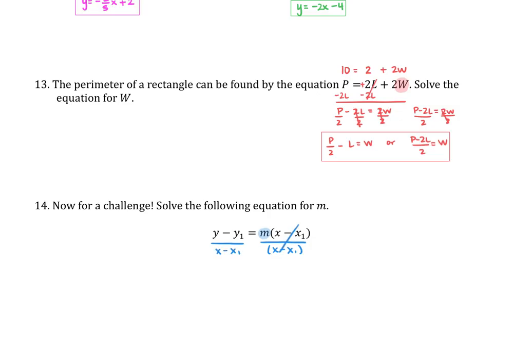So that would have that go away, it would equal 0, and I'm left with y minus y1 over x minus x1 equals m. This should look really familiar to your slope formula you learned in middle school. If you remember, that one was written as m equals y2 minus y1 over x2 minus x1.